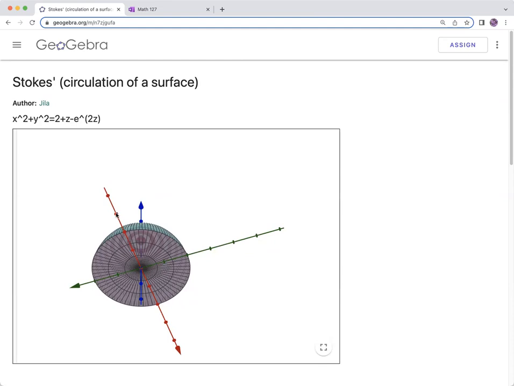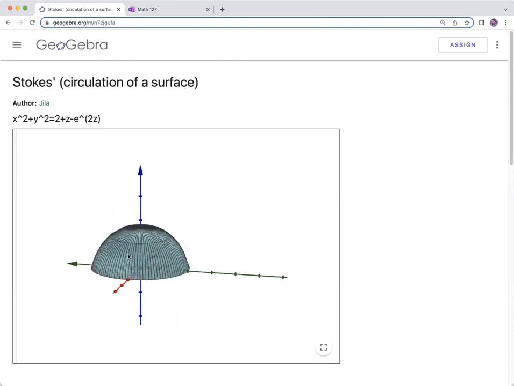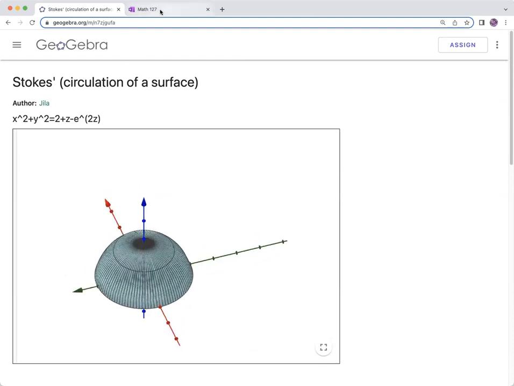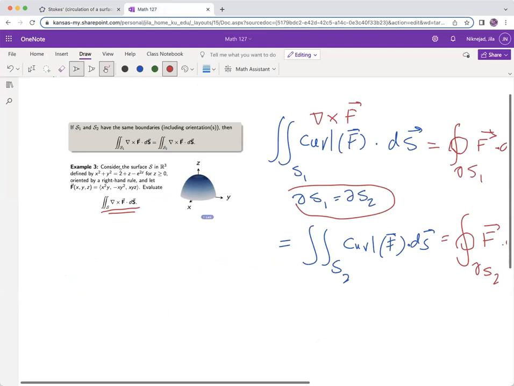That purple surface is a disk. If I set z equal to 0, I get the boundary.